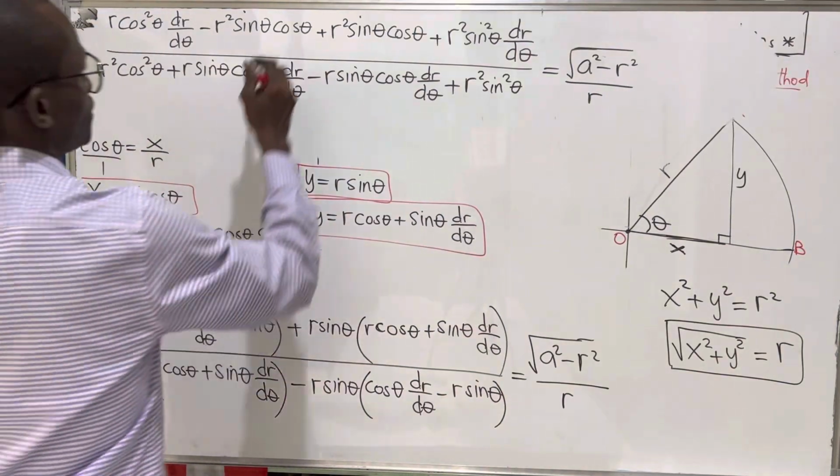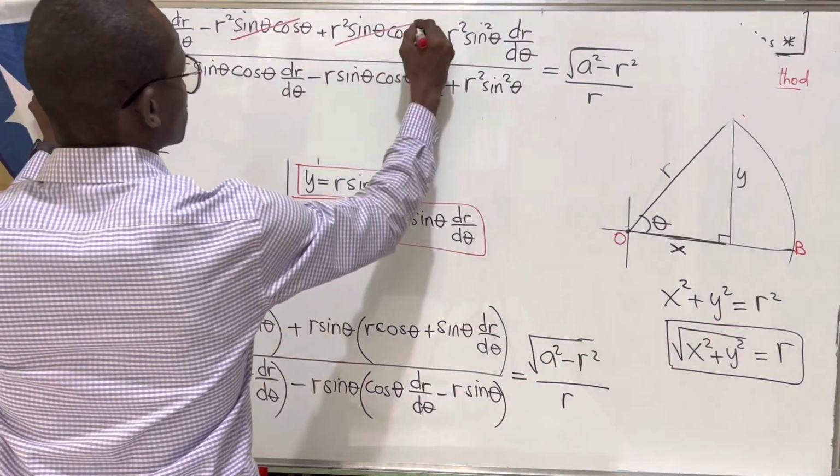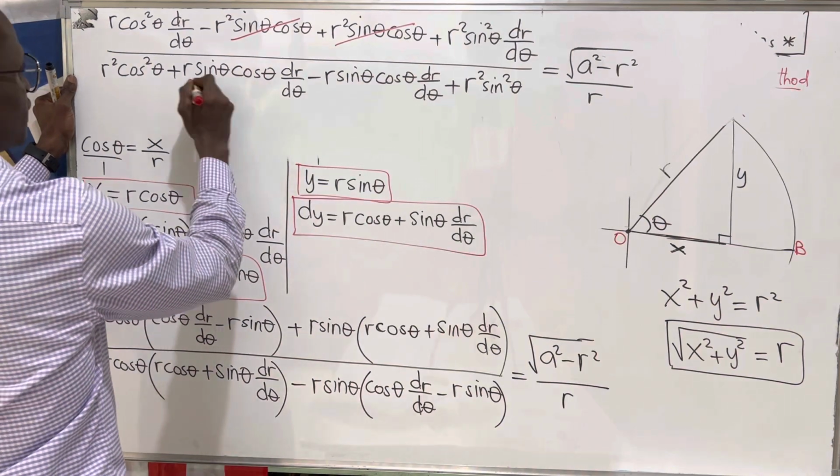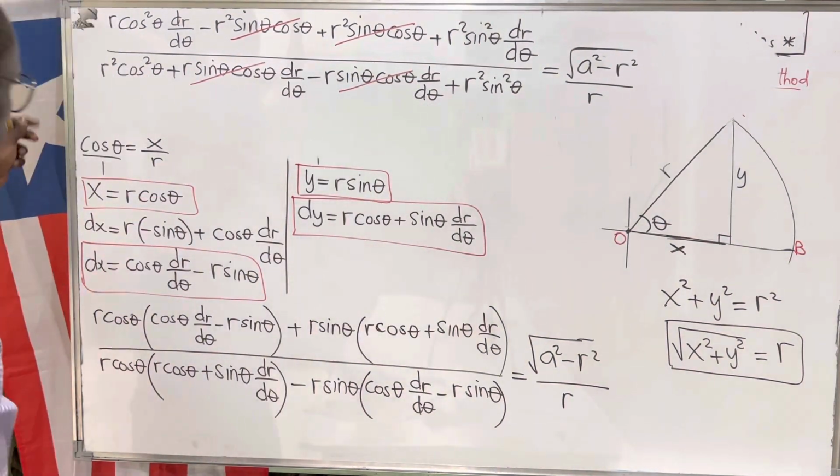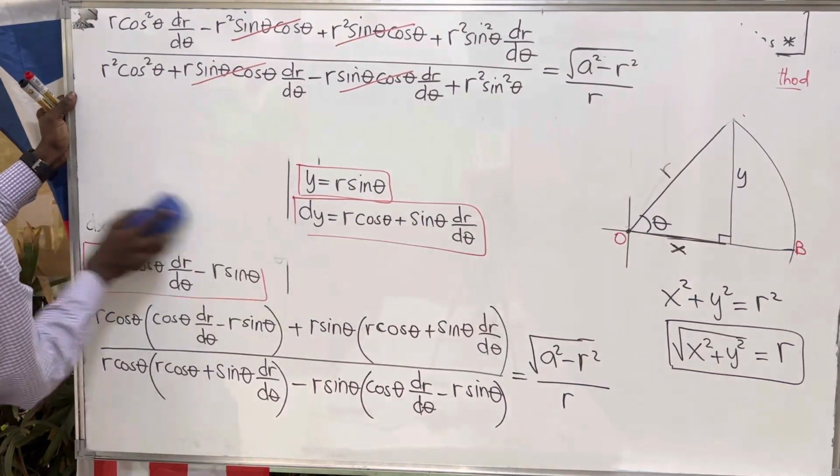So what do we observe? The middle terms here. So this cancels this. What about this? This cancels this. So you see we are gradually ending the problem.